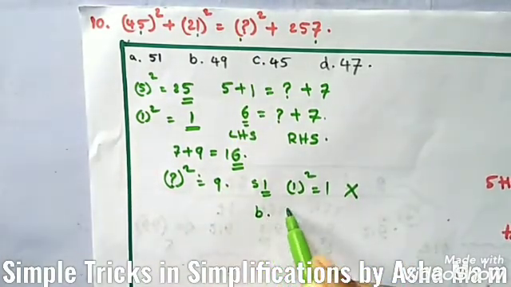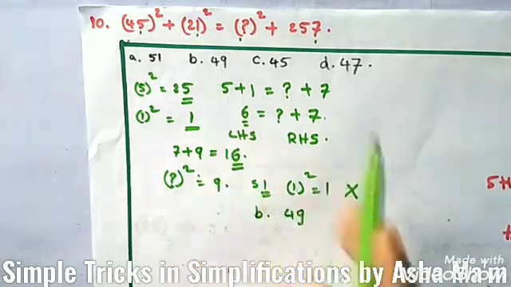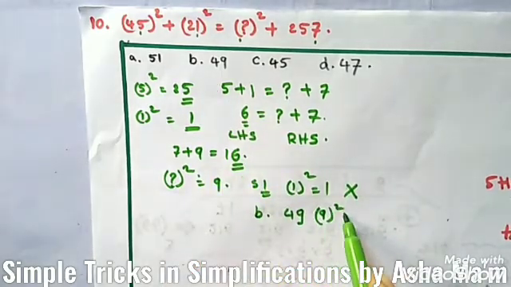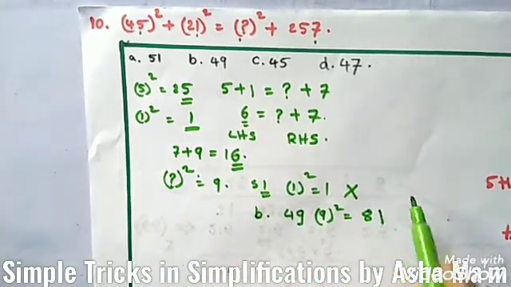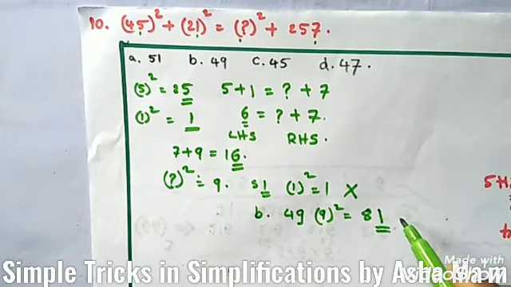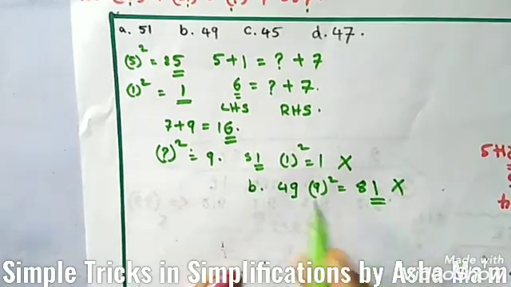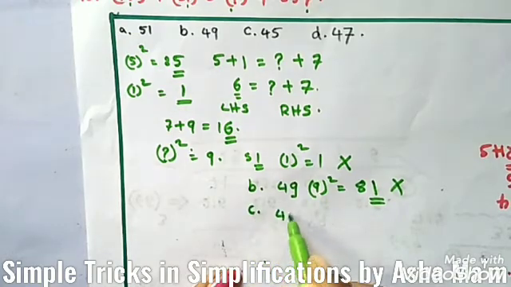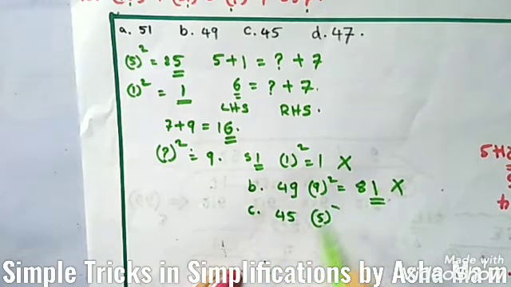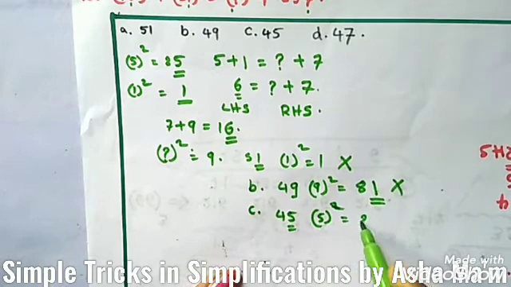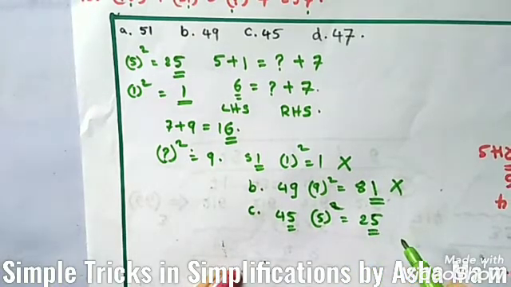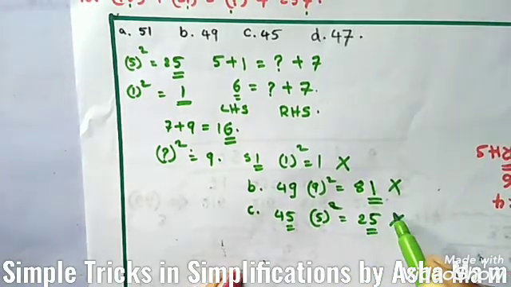So option B you can see 49 is there. Then 9 square is equal to 81. In this 1 is there at last digit, so this is also wrong answer. For suppose if you take option C, 45 is there, then 5 whole square you need to do, that should be 25. Here the last digit is 5, that is also wrong answer.